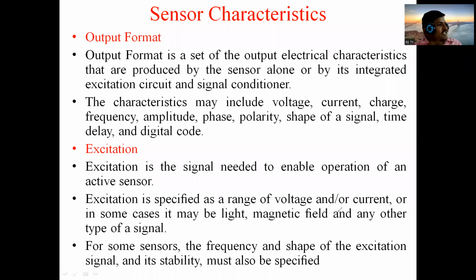So we want to understand the output format of that sensor, whether it is voltage, current, charge, frequency, amplitude, phase, polarity, or shape of that signal, whether an analog signal in the form of a sine wave, square wave, or triangular wave. Then we interface this with the interface circuit.